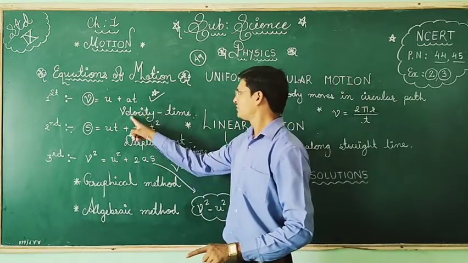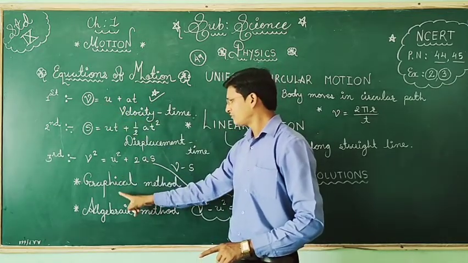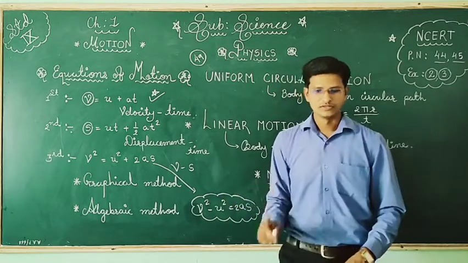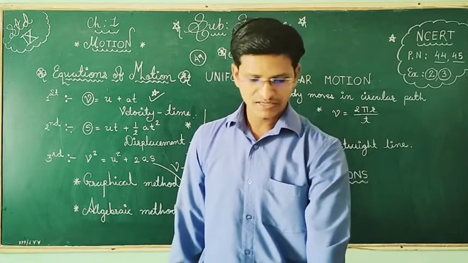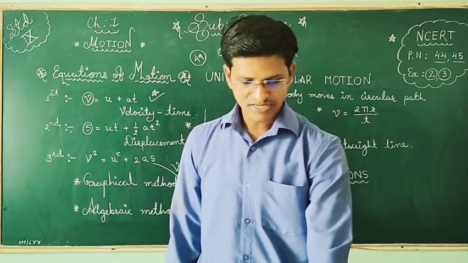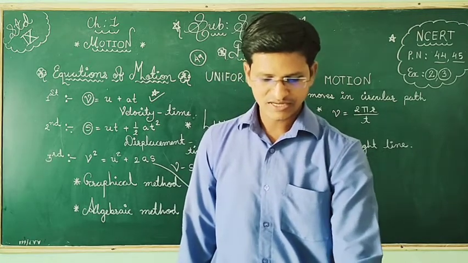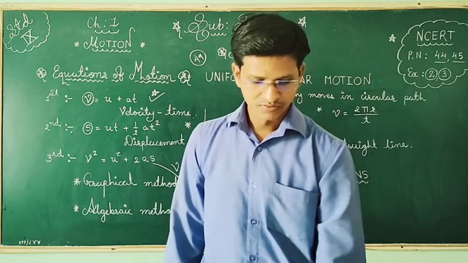If velocity and time are given, we use the first equation. If velocity and displacement are given together, we use the third equation. So in example number 3, we use the first equation, and in the second part we use the second equation of motion.